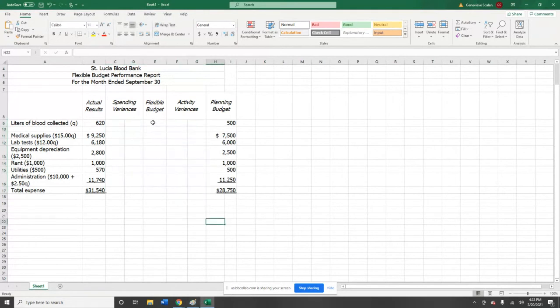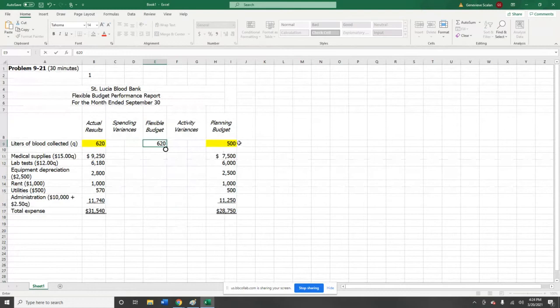Okay. So planning budget was calculated based on a quantity of 500, right? The actual results were 620. So our flexible budget is going to be based on 620, right? Now we take the numbers we used, we take the formulas that prepared this, right?